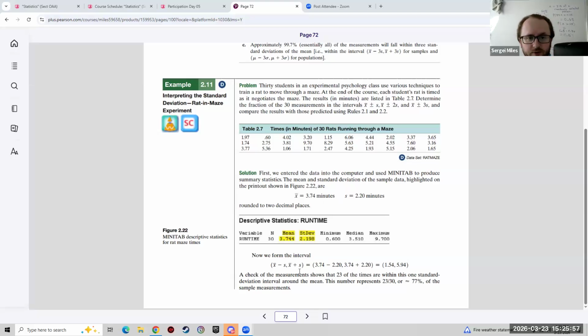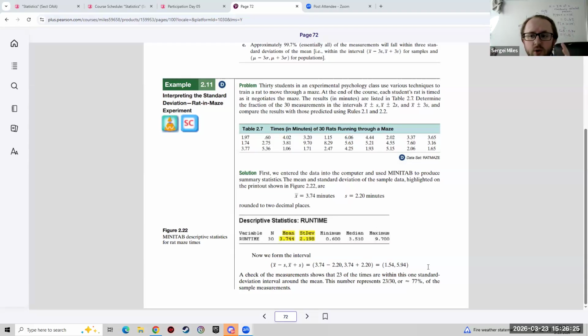So we can look at these intervals. According to the empirical rule, if I look at plus or minus 1 standard deviation, so I take the average minus 1 standard deviation, that's a lower bound, the average plus 1 standard deviation, that's an upper bound, and we have this interval from 1.54 up to 5.94.